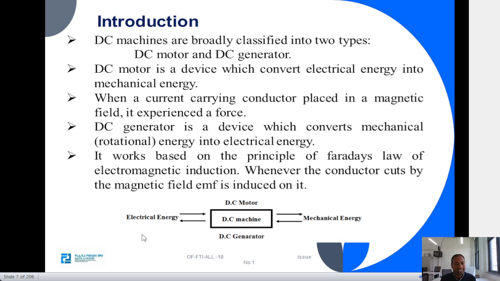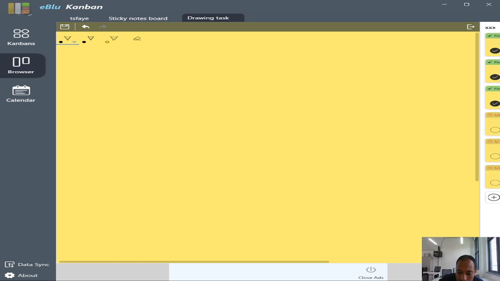A motor, like I said previously, is used to convert electrical energy to mechanical energy, with the principle of Faraday's law. What Faraday's law says is, when a current carrying conductor is placed inside a magnetic field, it experiences a force. What does that mean?